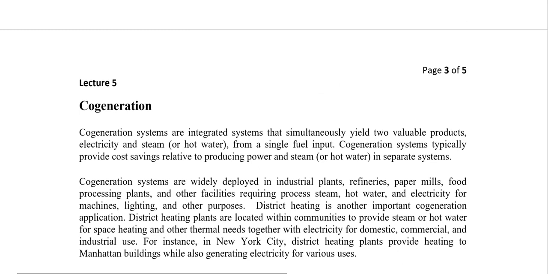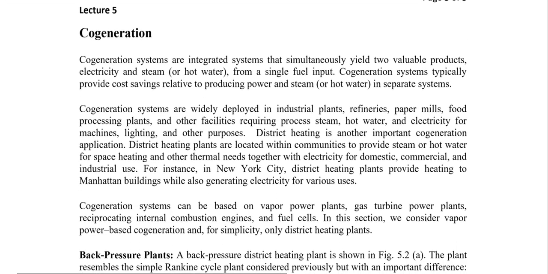Now moving to the next topic, cogeneration in steam power plants.